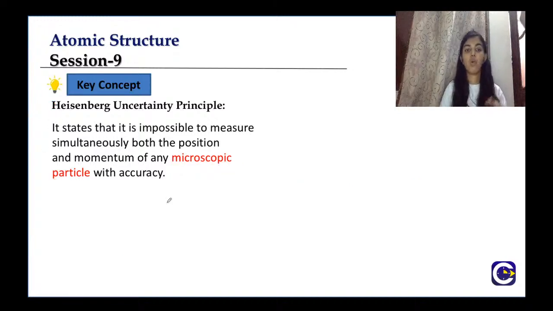So if you go on measuring momentum with accuracy, there will be inaccuracy in the measurement of position, while if you are able to measure the position accurately, there will be inaccuracy in measurement of momentum, right?